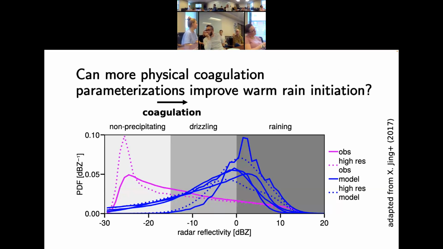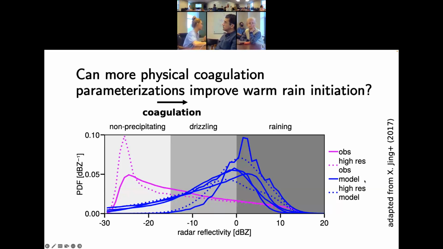And the last part of this presentation, which I'll skim very briefly because I'm almost out of time, is the question: if we make parameterizations that account for these assumptions, not adding more variables, just making better assumptions, can we improve warm rain initiation timing?